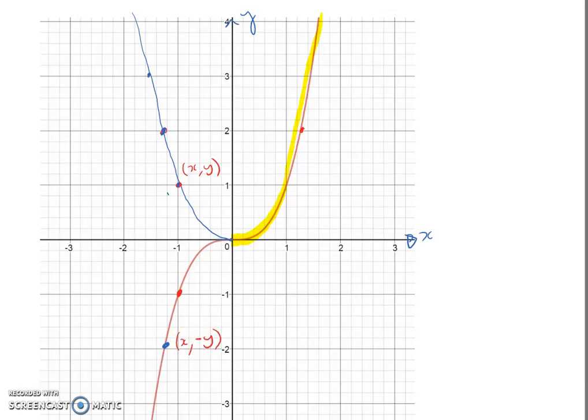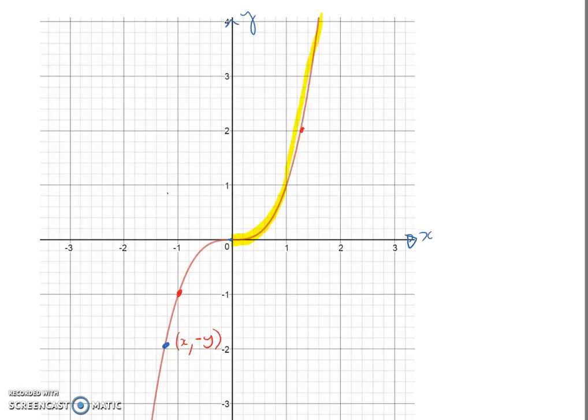Okay, so an odd function is basically this idea of the even function part being reflected in the x-axis.